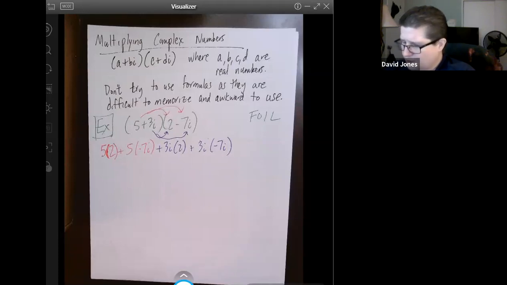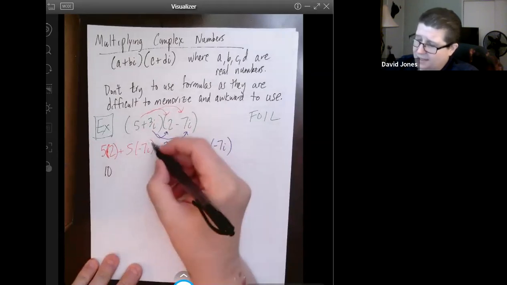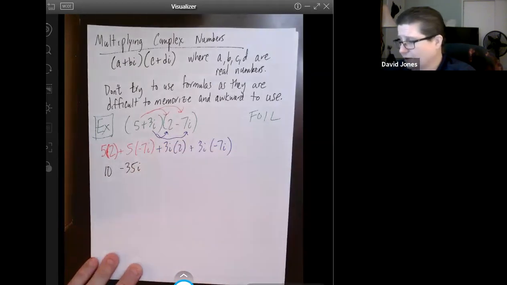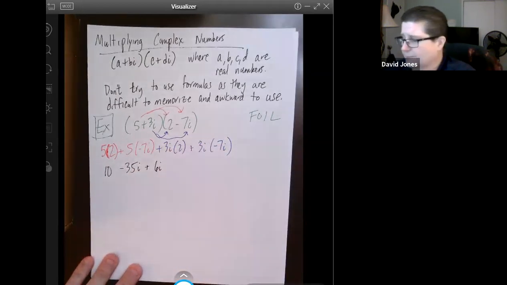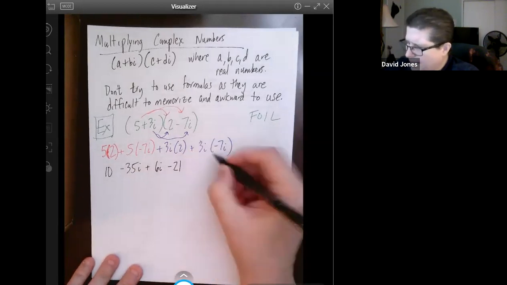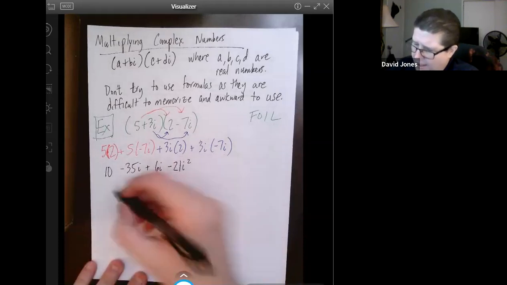So 5 times 2 is 10. 5 times negative 7i is negative 35i. We just multiply the coefficients, the numerical values. And then I've got 3i times 2. 3 times 2 is 6, so I've got plus 6i. And finally, I've got 3 times negative 7 is negative 21, and i times i is i squared. I can put the i's together real quick.